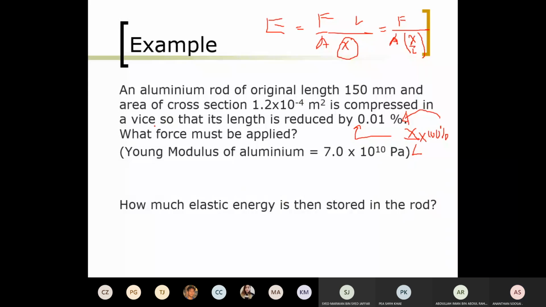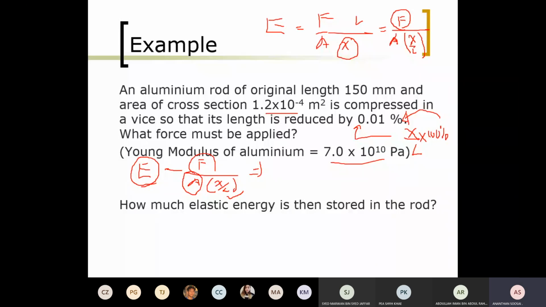But before that, what force must be applied? So they're asking for F. Can you find F? Young modulus is F over A, over the extension over the original length. You put it down. So you know the extension over the original length, 0.01 divided by 100. The area is given as 1.2 times 10 to the power negative 4, and the Young modulus is 7 times 10 to the power 10.